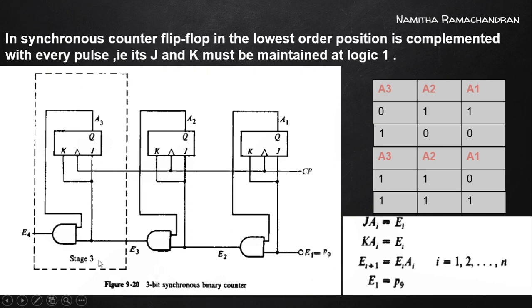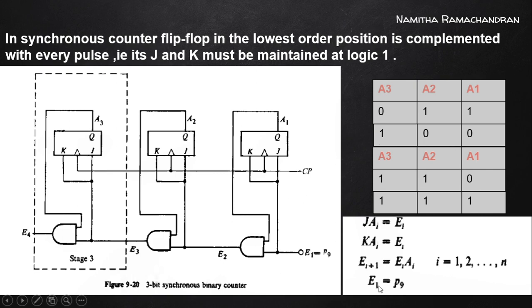This E3 decides whether to transfer or complement the A3 value in the next state. Similarly, present state of A3 and our E3 value generate the value for E4, that is the carry out value after increment operation.